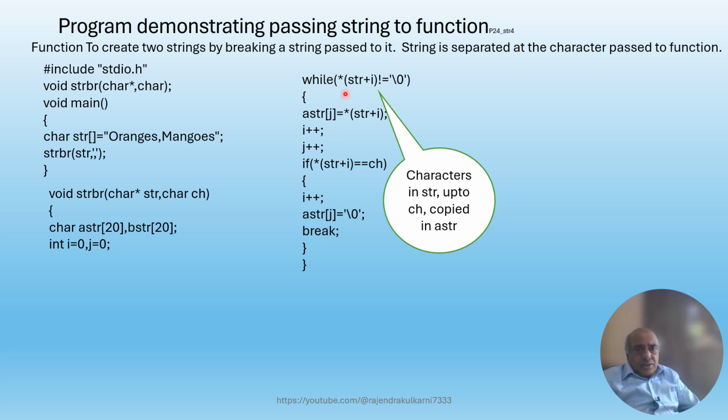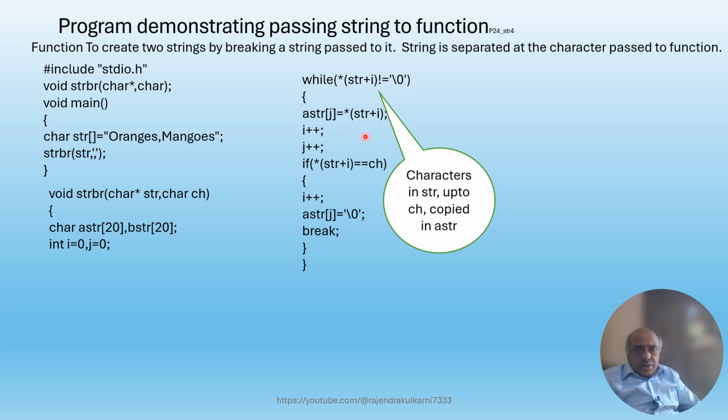So what the expression star of str plus i gives us is the character of the str string which we have passed to the function, and this while loop will continue to iterate till the /0 character of the string str containing the text oranges, mangoes is reached.